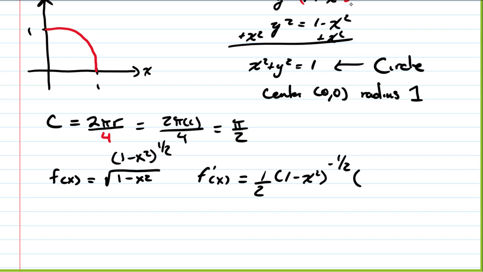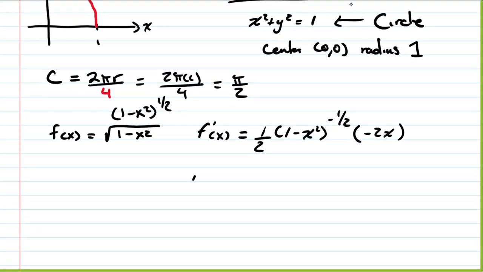Then by the chain rule, we multiply by the derivative of the inside. And the derivative of 1 minus x squared is negative 2x. So then f prime of x, our 2's reduce out. We get negative x over, our negative 1/2 moves that factor from the numerator to the denominator, puts it back in a square root because it's a 1/2 power. We get f prime of x is negative x over the square root of 1 minus x squared.